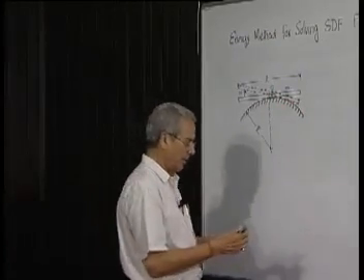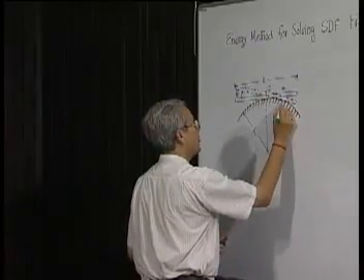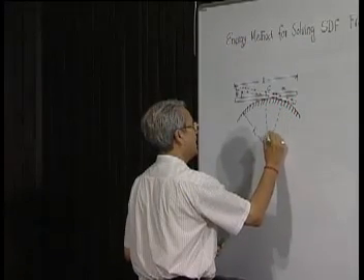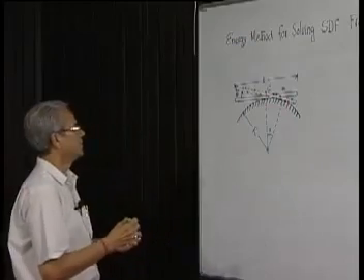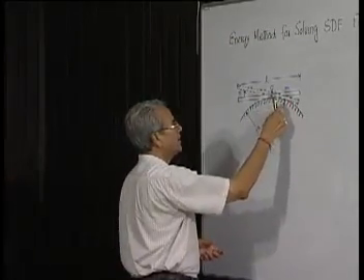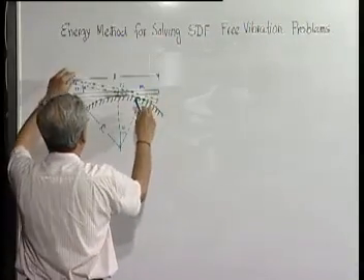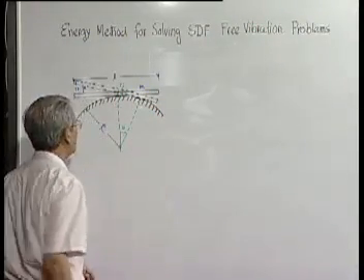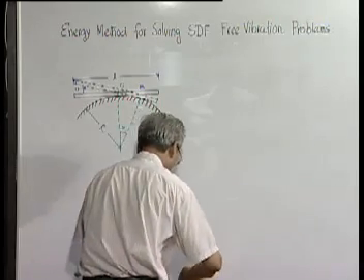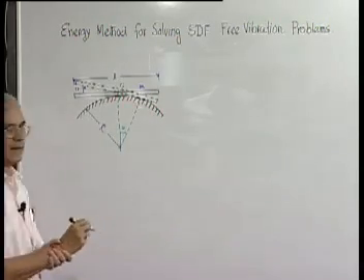So if this is the point of contact, we know this angle is again theta, because this is 90 degrees, this is 90 degrees. So if this is theta, this must also be theta. So therefore, let us find out first the kinetic energy.